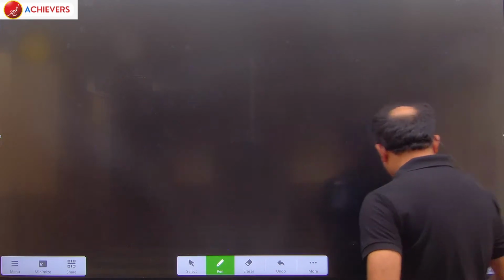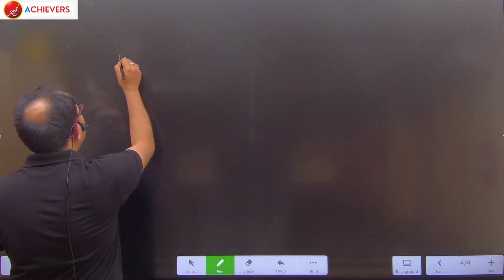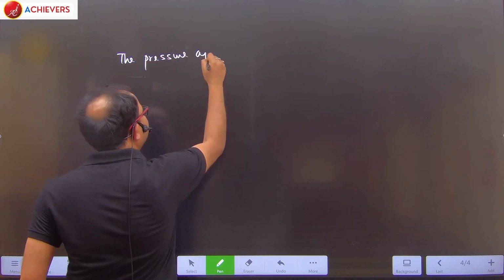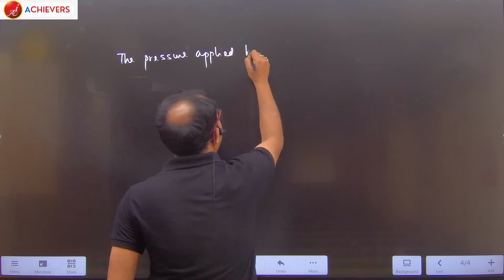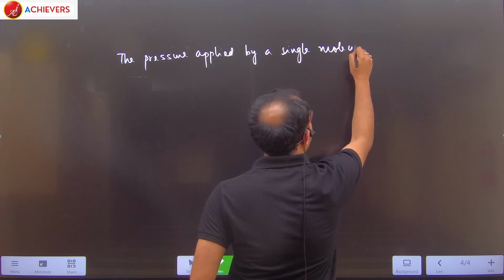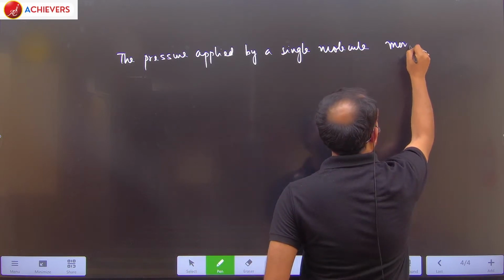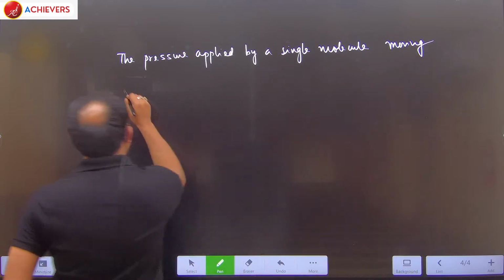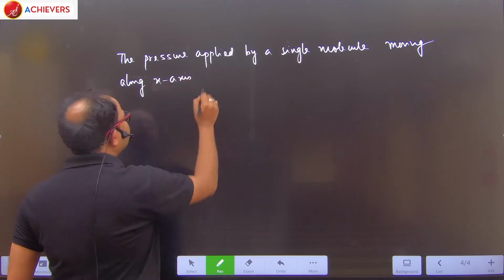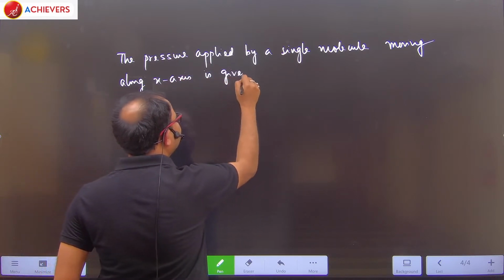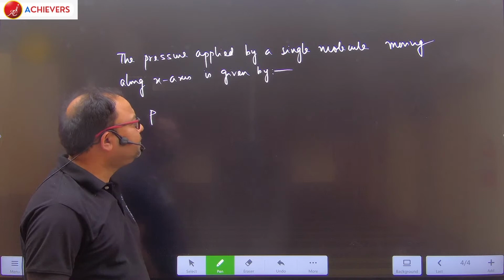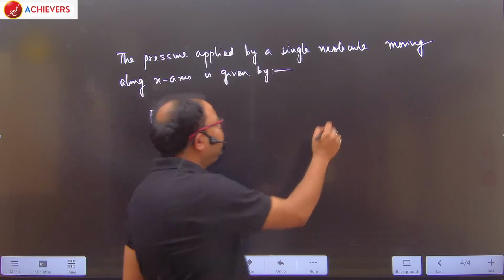So one can say the pressure applied by a single molecule moving along x-axis is given by P of what? Of that single molecule.